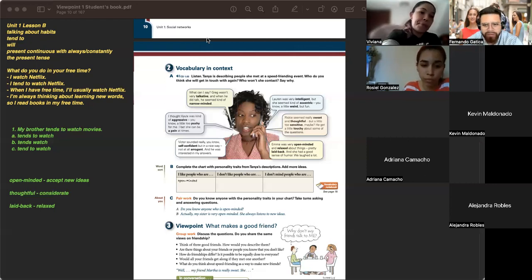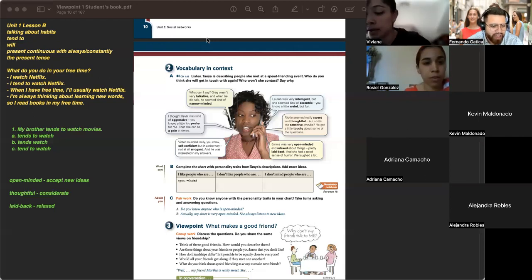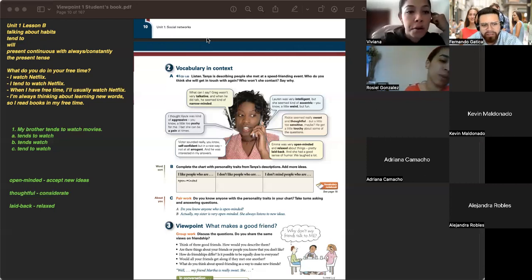Good. If you think things like being gay, transsexual, abortion, and things like that are okay, you are open-minded, thoughtful, or laid back? Open-minded. Okay, good.